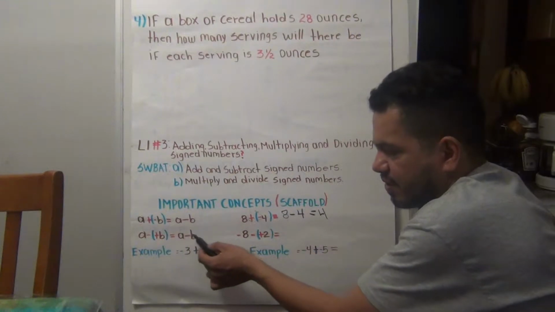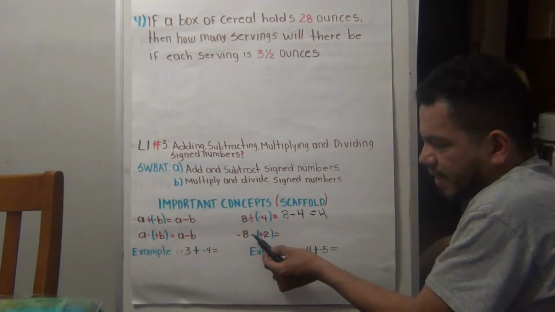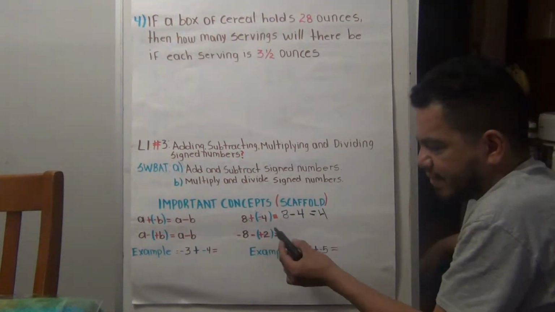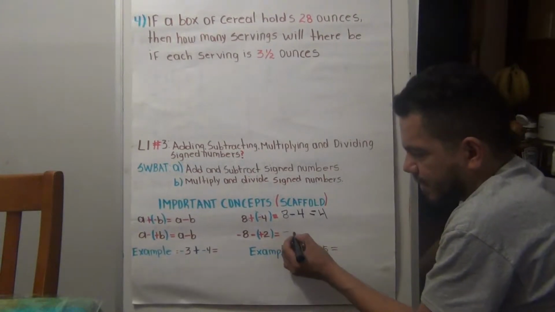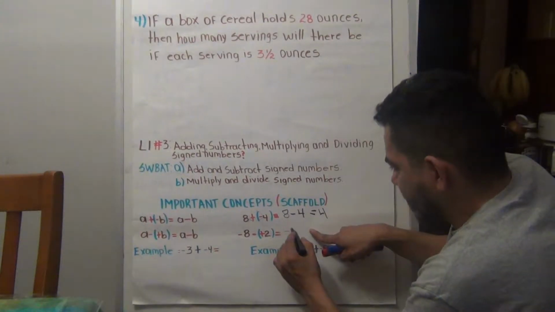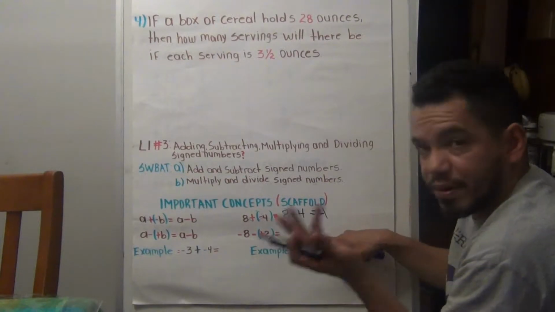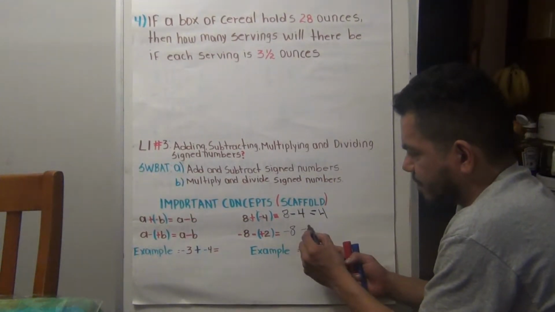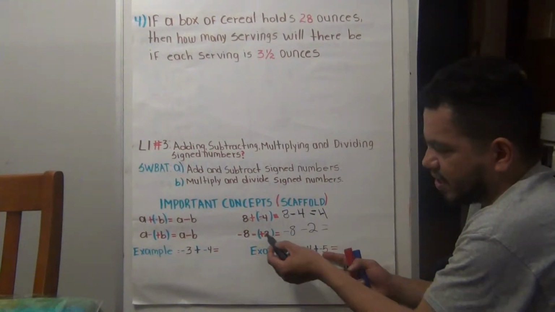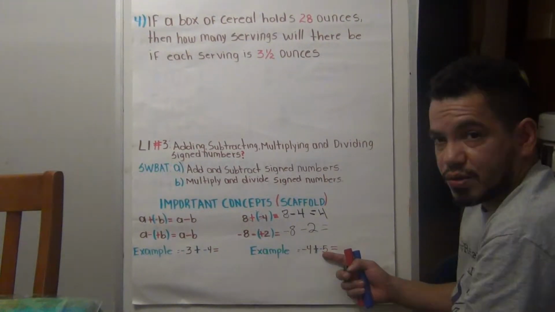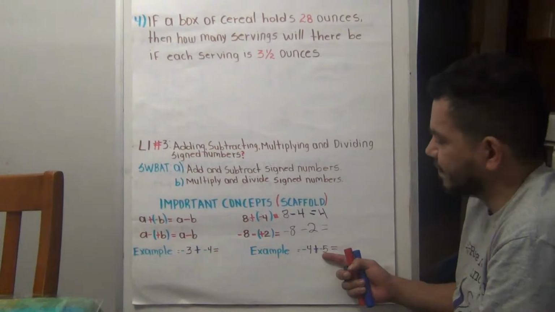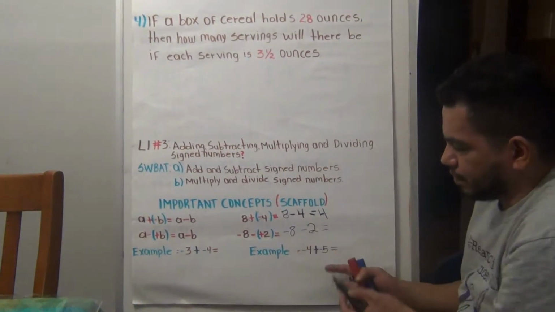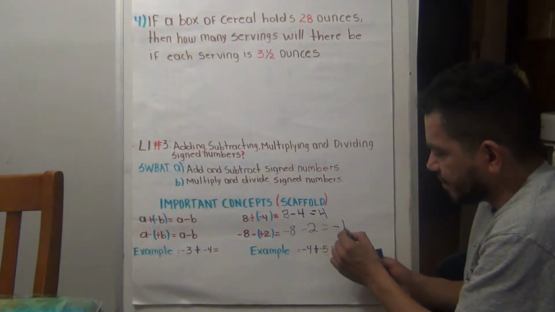Look, negative times positive is negative, so this is the same thing as having negative 8 minus 2, because these two signs turn into a negative when you multiply them. So negative 8 minus 2 is negative 10.